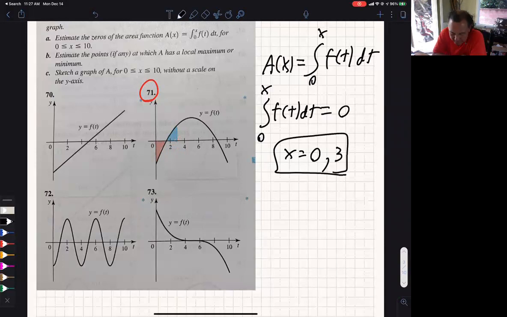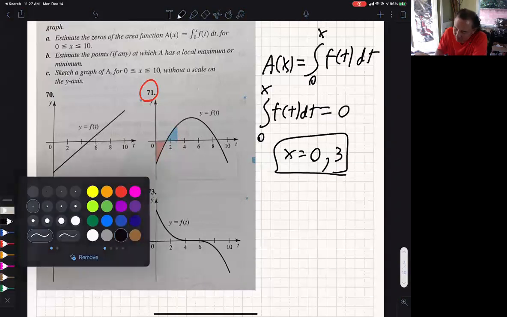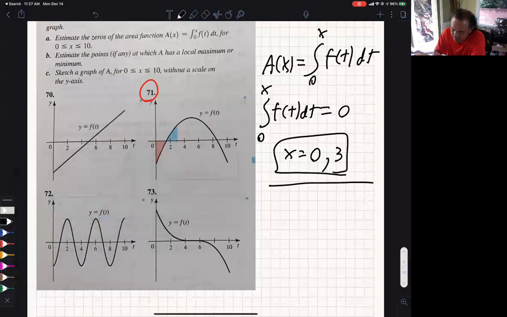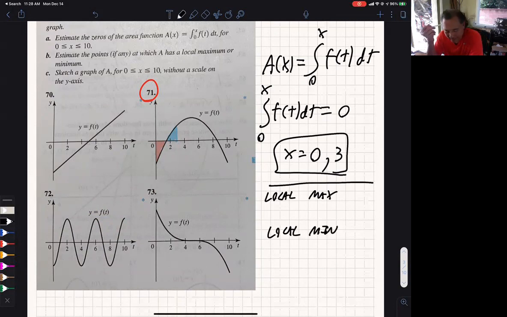Okay. Part B, estimate, if any, at which A has a local max or local min. This is beautiful. Watch this. Local max, local min. So brain, let's think.